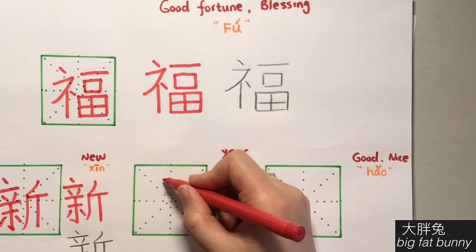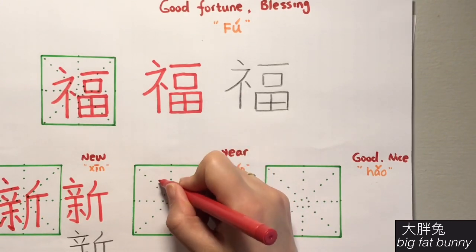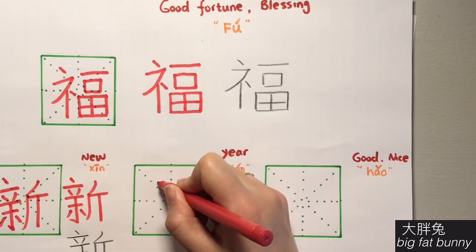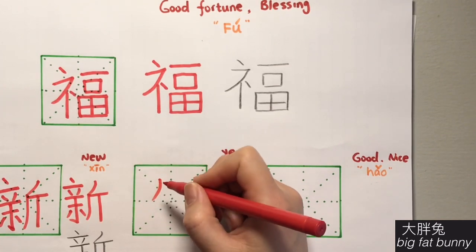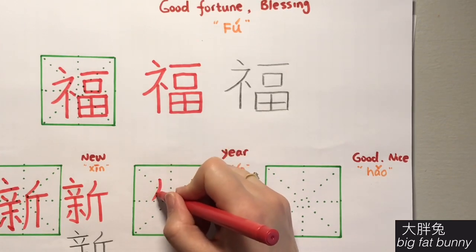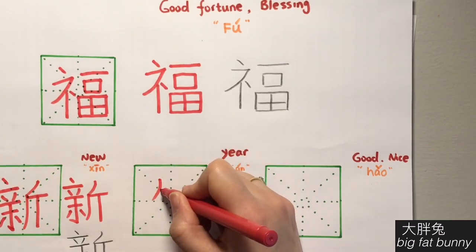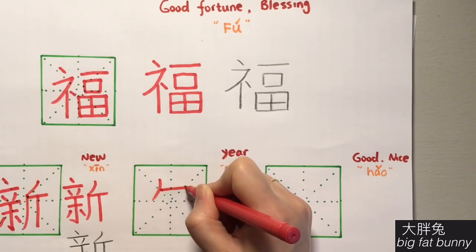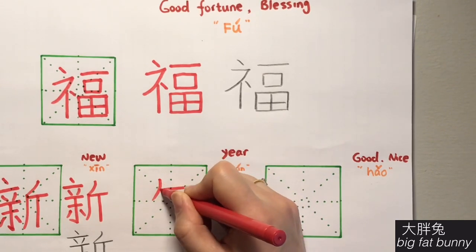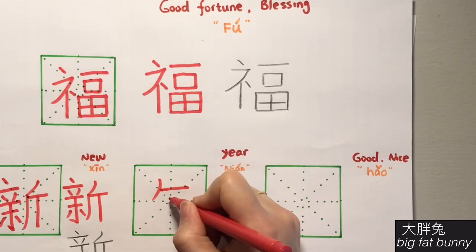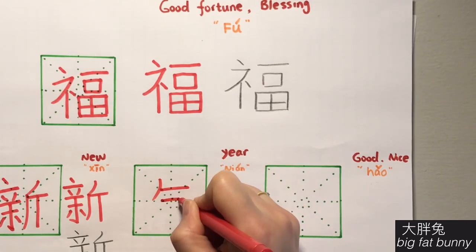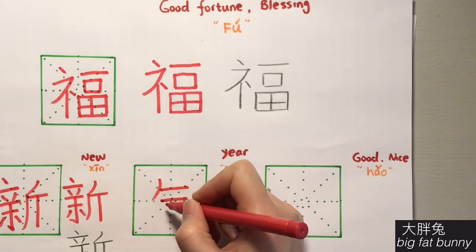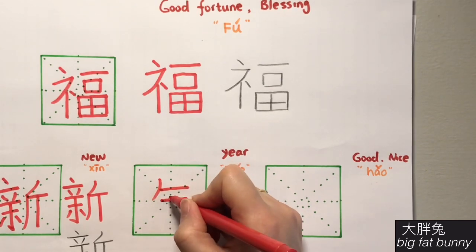I would like to think you start from here. The first one, like that, slightly toward the left. Longer than this one, a stroke. Then the second stroke, kind of sandwiched in the middle.